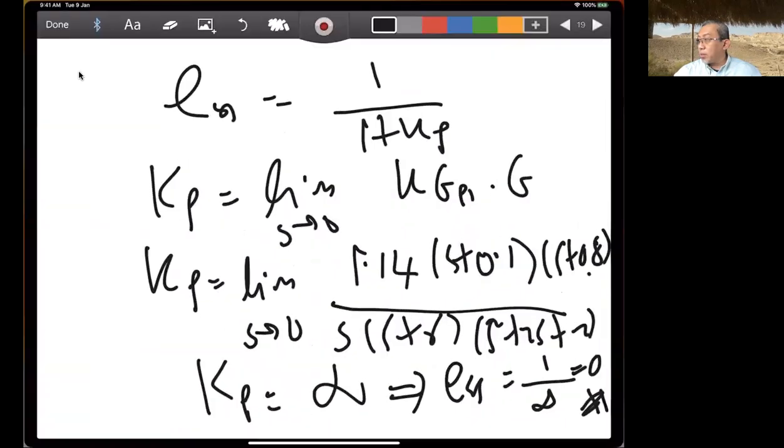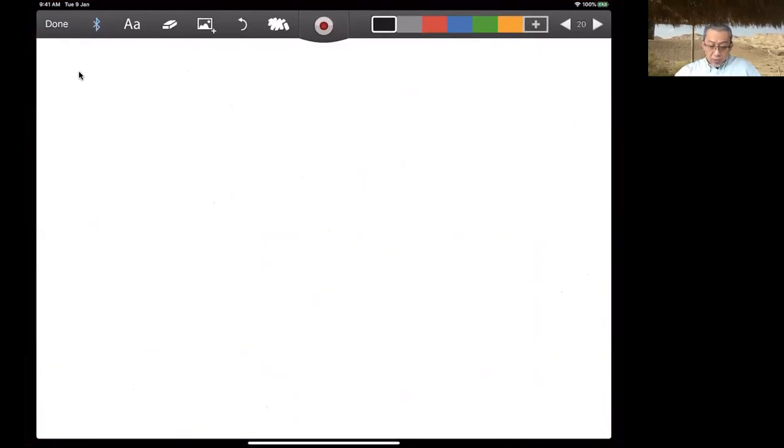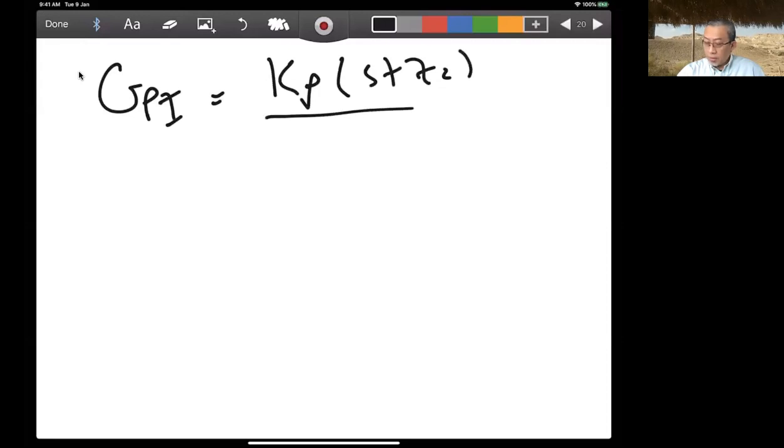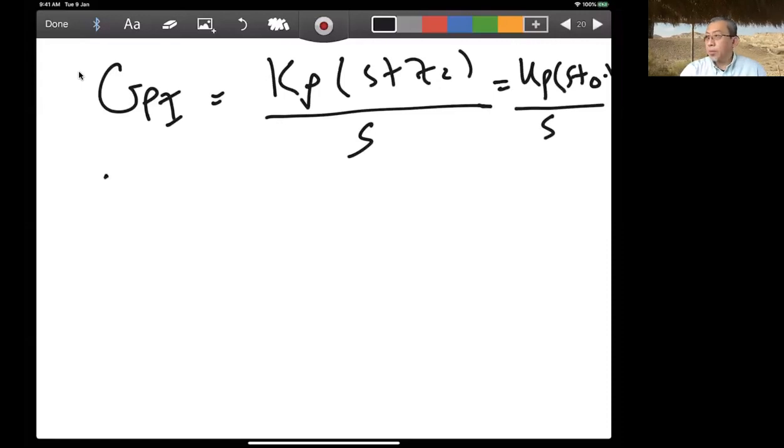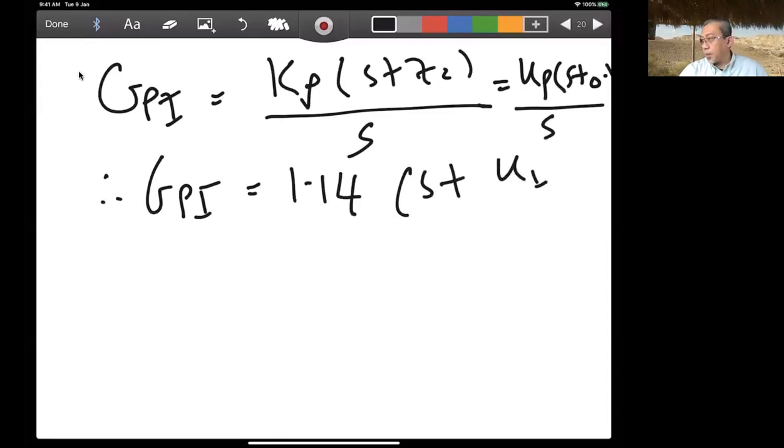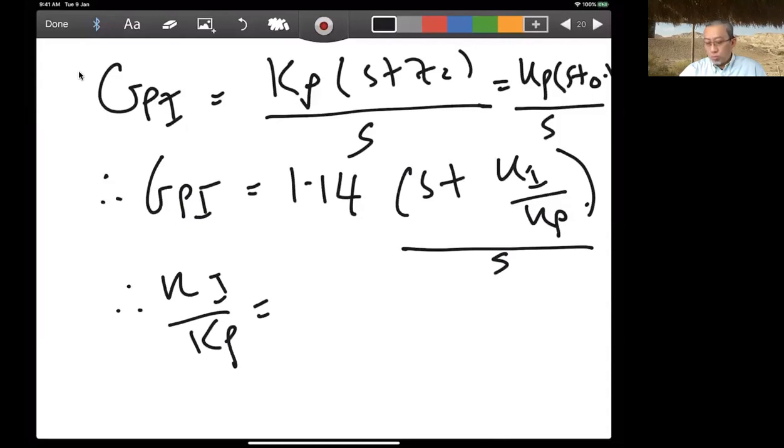If you want to draw the block diagram, you have to write again the GPI, which is Kp times S plus Zc over S. This one is Kp times S plus 0.1 over S. So GPI is 1.14 times S plus Ki over Kp, all divided by S. So the ratio Ki over Kp, which is Zc, is equal to 0.1.